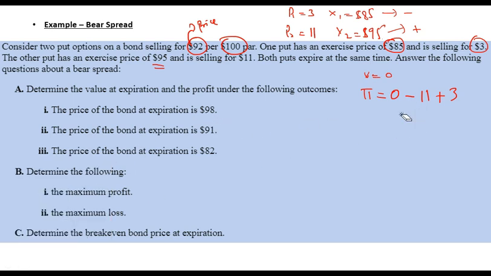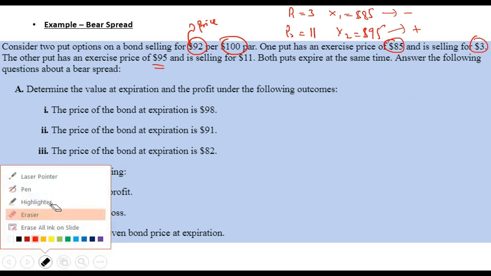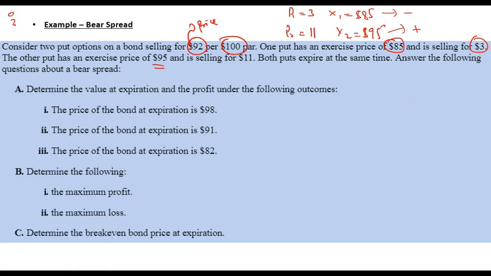For second question, what is the value? Value will be $4. How $4? Because your value from this put option will be 95 minus 91. And value from other put option will be 0. So 4 minus 0 is $4.